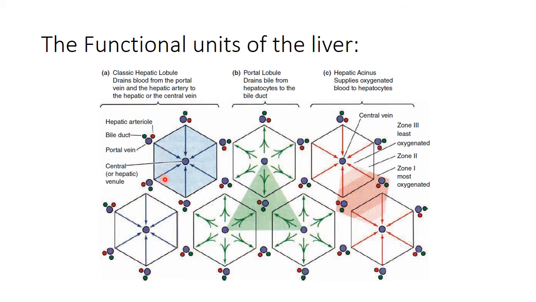This is the oldest classification of the liver according to its function, and because it's the oldest classification, most of the disease processes are based on this classification. For example, we have a condition known as centrilobular necrosis, where there is death of cells in the centrilobular area of the liver lobule.